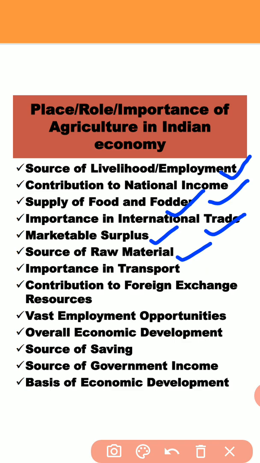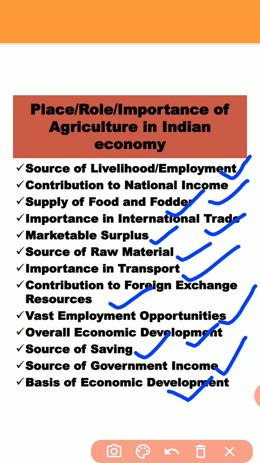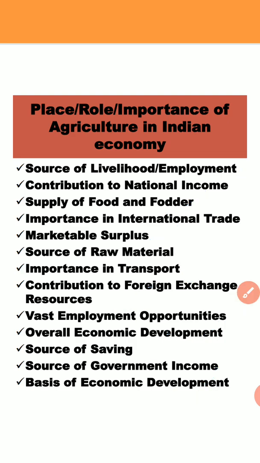Then importance in transport and contribution to foreign exchange resources and vast employment opportunities provided by agriculture. Next is overall economic development, then source of saving, then source of government income, and lastly, agriculture is a basis of economic development. So, we will discuss each point one by one.